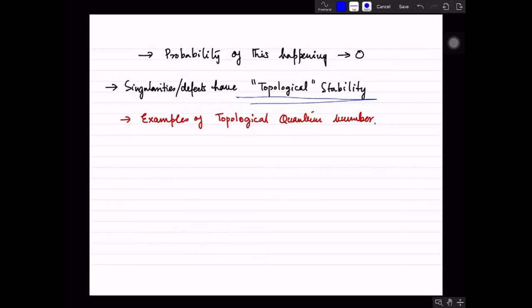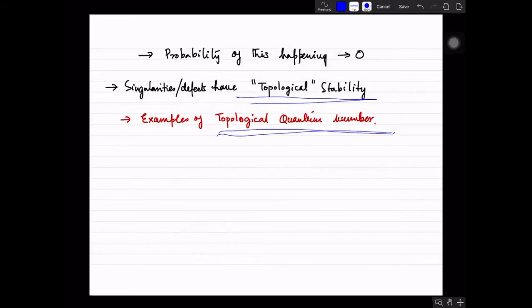As you can now see, these have a resemblance with the kind of things that we discussed in terms of magnetic monopoles, and these are actually examples of topological quantum numbers. Remember that the present class of topological quantum numbers have an intricate connection with symmetries.